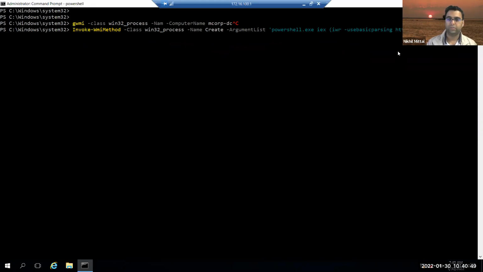And path to your reverse shell, whatever it is, evil server, or let me use my own machine IP here, for example. All right, you can use something like that. Or you can use the Win32_Service class. You can also schedule tasks if you want using schtasks.